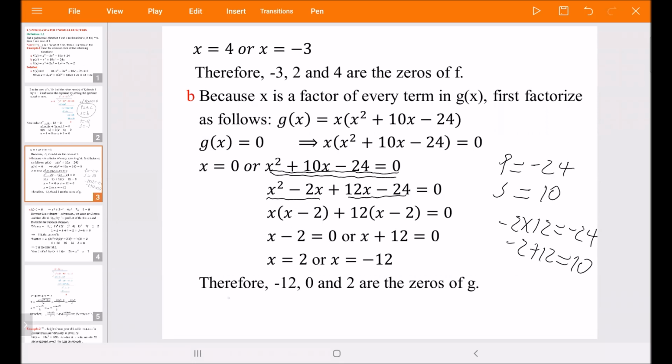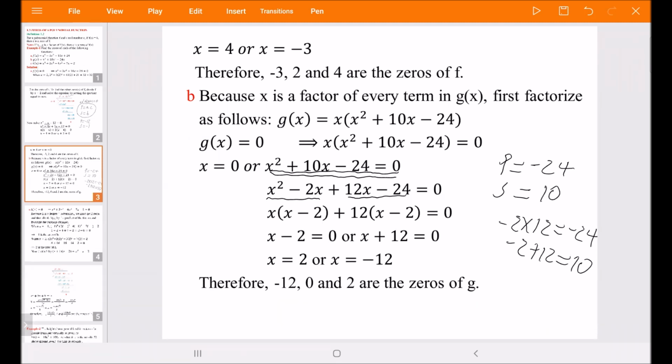So you take out x minus 2, you are left with x plus 12. x minus 2 equal to 0, or x plus 12 equal to 0. Solving these two equations, x is equal to 2 or x is equal to minus 12 is obtained. So we obtain all the zeros of this polynomial: minus 12, 0, and 2.